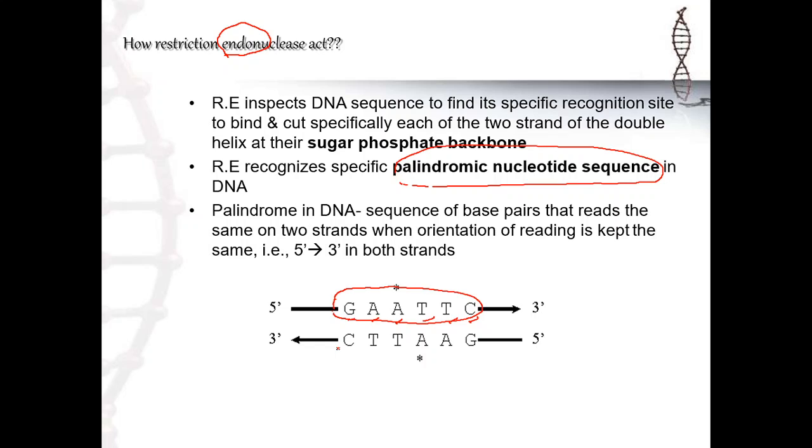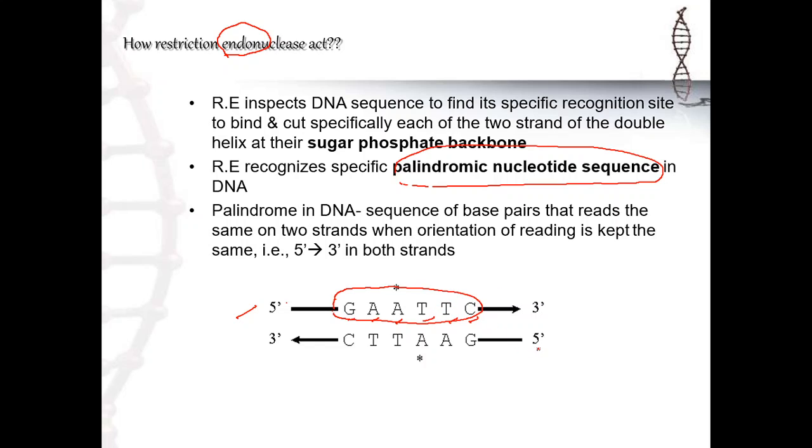And the palindrome in DNA is a sequence of base pairs that reads the same on two strands when the orientation of reading is kept the same. Example, 5 to 3. When we read 5 to 3 in this first line, we have the guanine, adenine, thymine, cytosine.